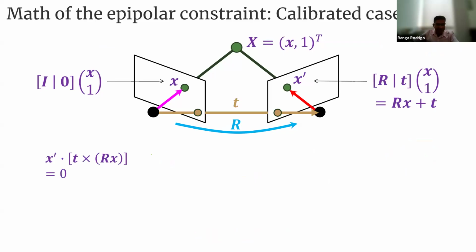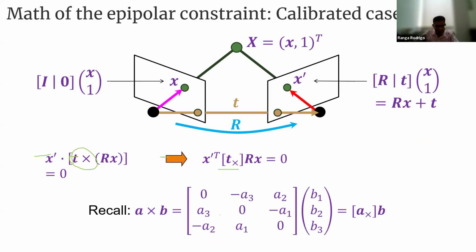Okay, then we can write this cross product as a matrix multiplication using the so-called skew symmetric matrix. I will show what that is. This is the skew symmetric matrix. If you want to write a cross product as a matrix multiplication, which is easy, you can convert the elements of A like this to a skew symmetric matrix, and then you can write A cross B as a matrix multiplication.